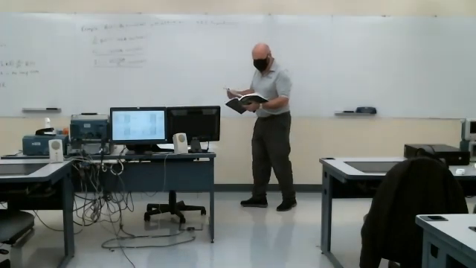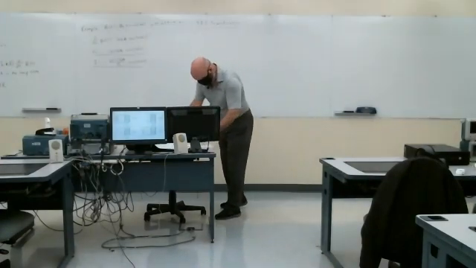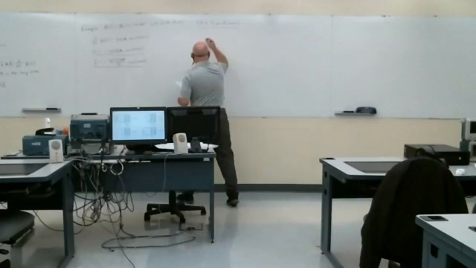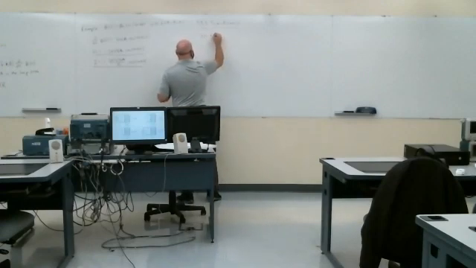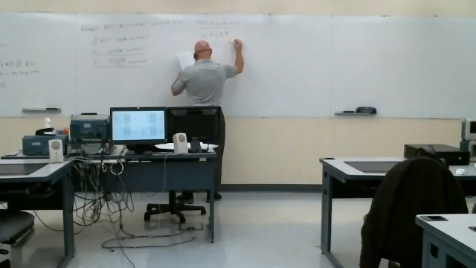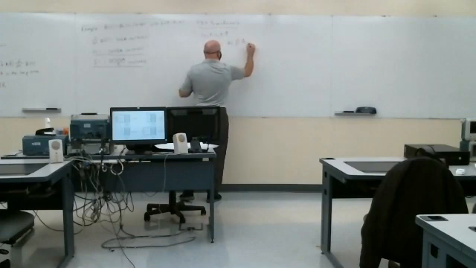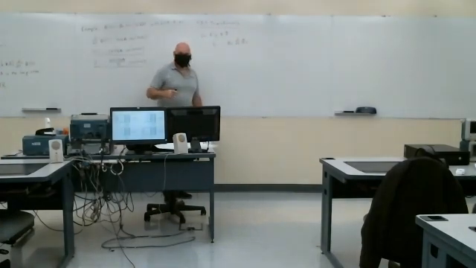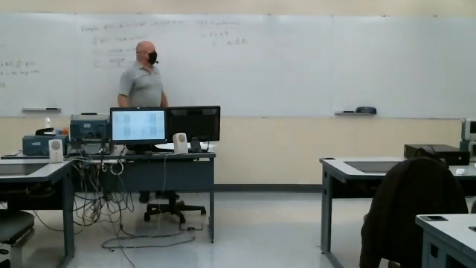Okay, so if you look at that figure 8.6, V2 would be minus the number of turns in the second coil times the rate of change of the flux through the second coil.